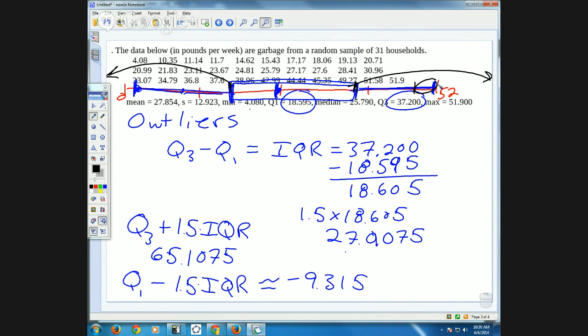Yeah. The middle box is the median, and that's my 25.79-ish. The mean does not come into play on a box plot. A box plot is strictly percentiles: 0 percentile, 25th percentile, 50th percentile, 75th percentile, and the 100th percentile.